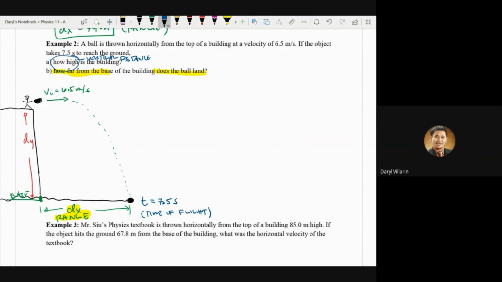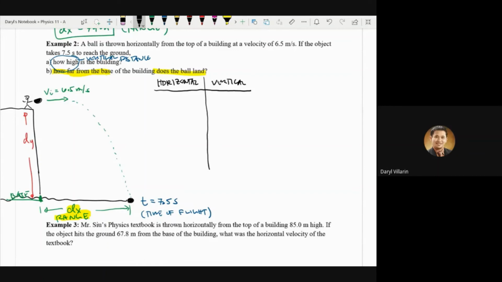Again, as I mentioned earlier, you need to make a table just to indicate the different quantities. You try to separate the things that you know in the horizontal motion and the vertical motion.